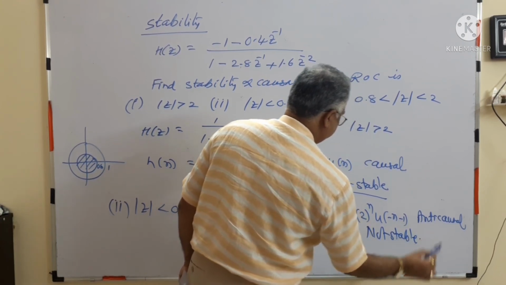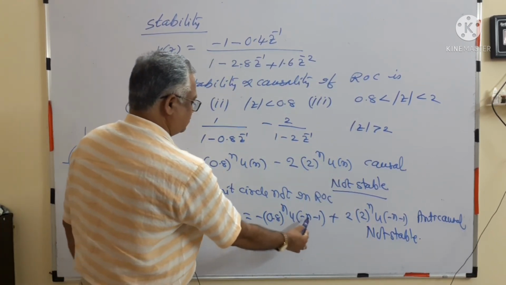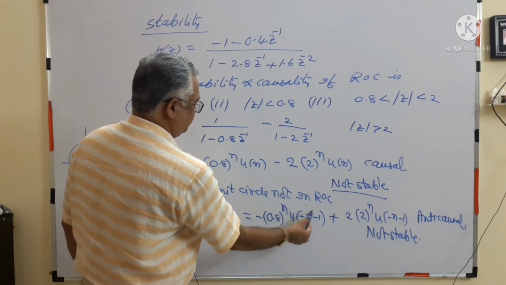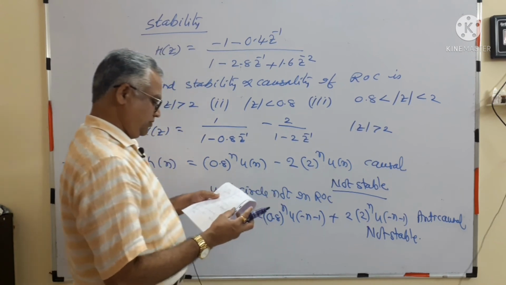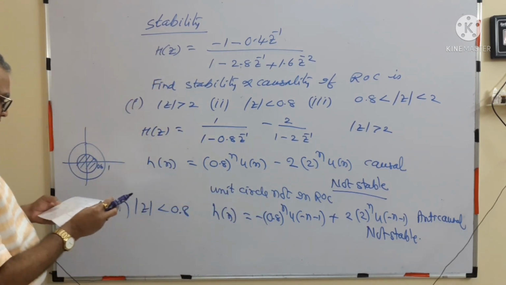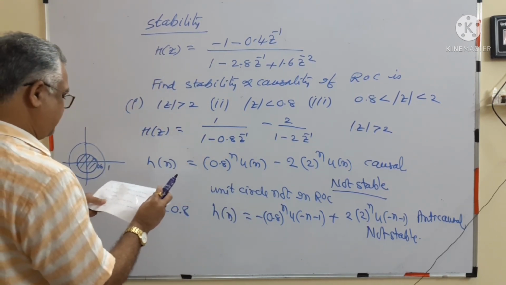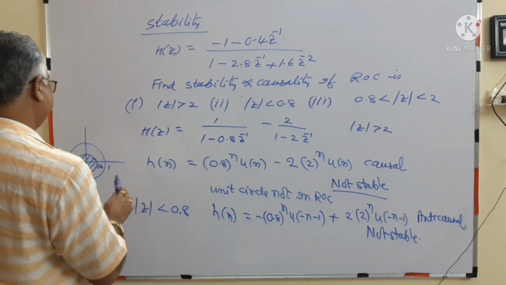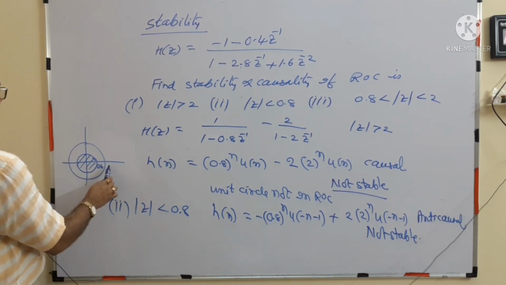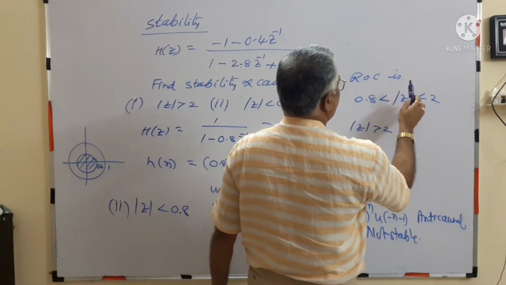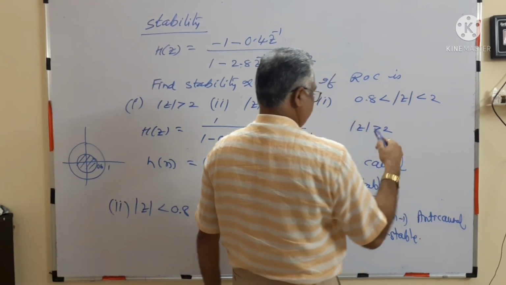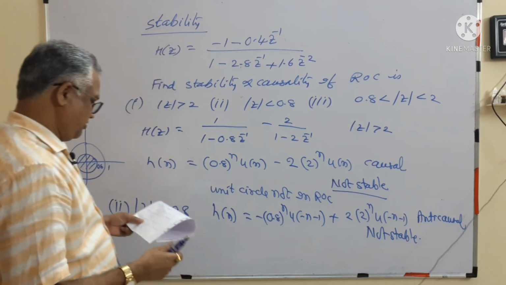So on the left side, 0.8 to the power of negative values keep on increasing, again not stable. The third case, greater than 0.8 to less than 2. So the unit circle is in ROC, that is going to be stable.